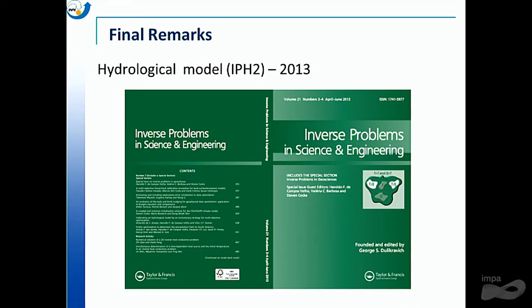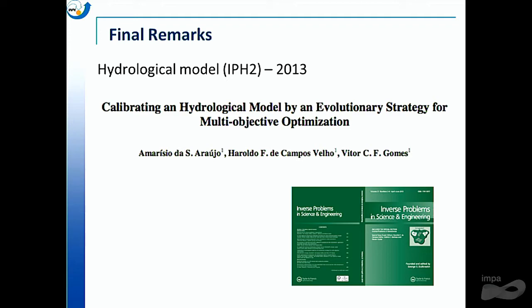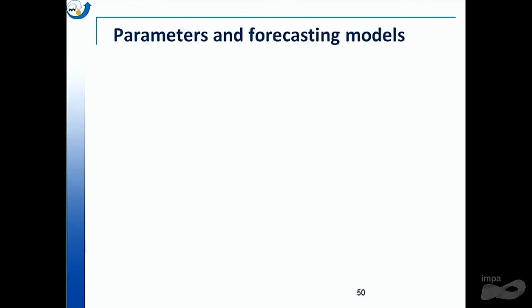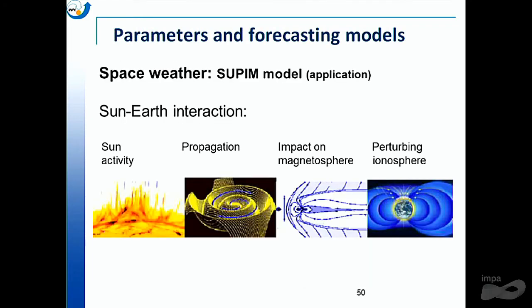One example is a special issue in Inverse Problems in Engineering. This was 4 years ago. This issue was published about inverse problems in geoscience applications. One of these is calibrating a hydrological model by evolutionary strategy for multi-objective optimization. And also, we are going to apply this to the SUPIM model.